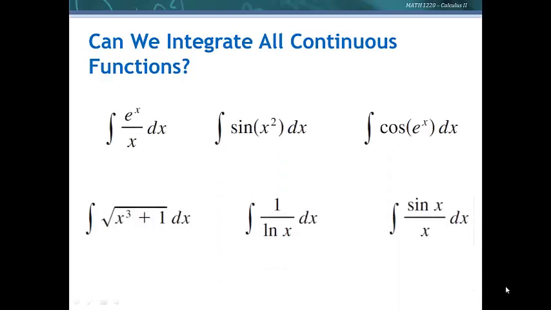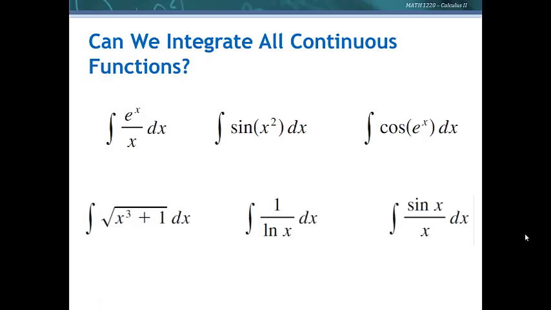Now we can look at several functions that we would not have a technique for integrating, and here are some examples. You could try various techniques that we've learned, but the actual analytical methods for integrating these, we don't have. We do have numerical methods and computer algebra systems, but we can have functions like this and we can know that they are integrable.